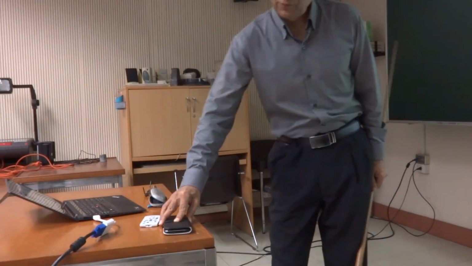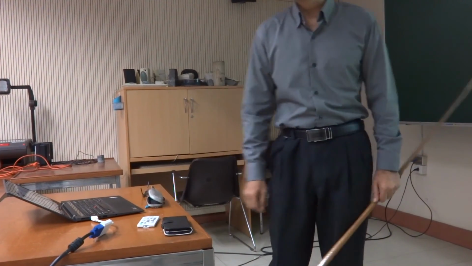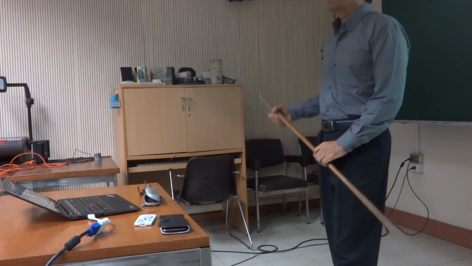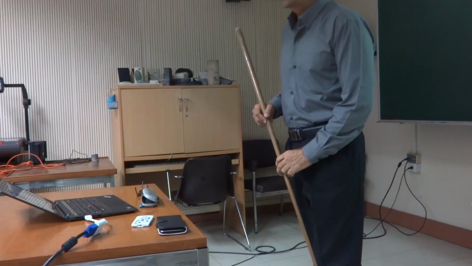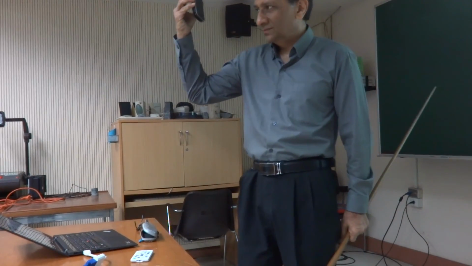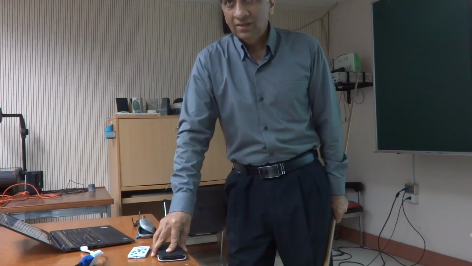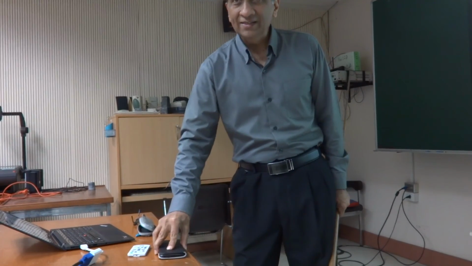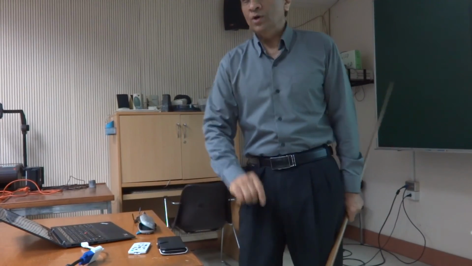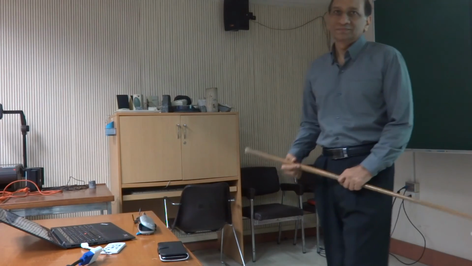And I cannot slide it. There's something preventing me from sliding this phone. I can lift it up, I can put it down, I can slide it. How do I model this phone? What do I do?